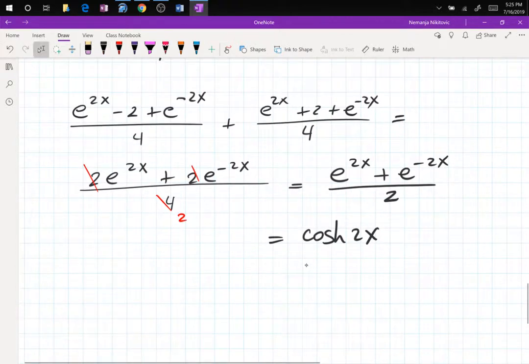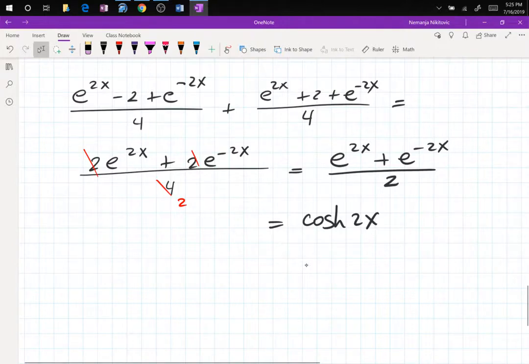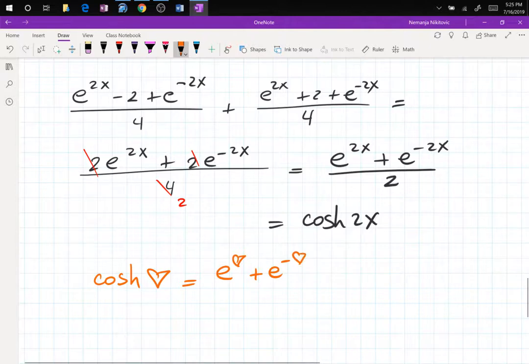Does this make sense? I mean, I can make it ridiculous and it's going to click immediately. Sure, why not? So, orange, purple, orange. Cosine hyperbolic of a heart is equal to e to the heart plus e to the minus heart divided by 2.